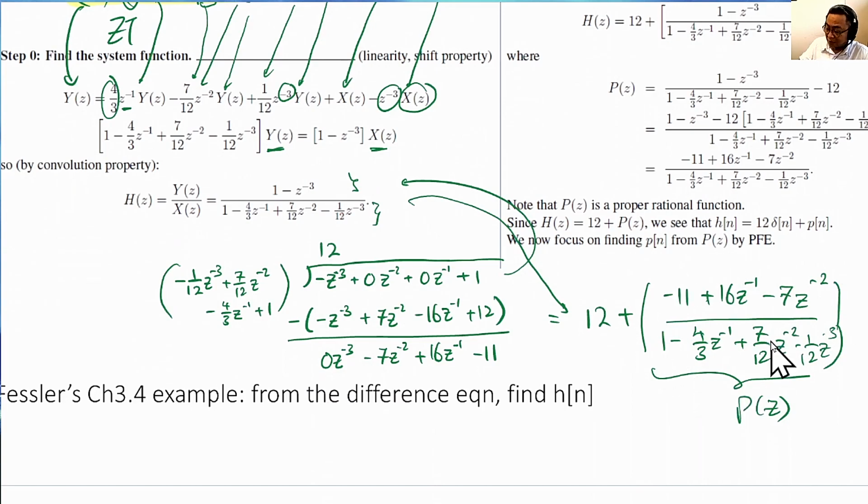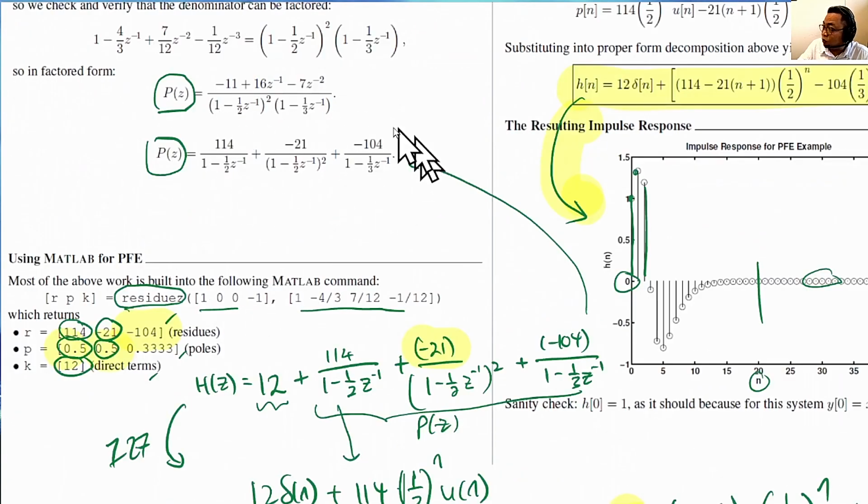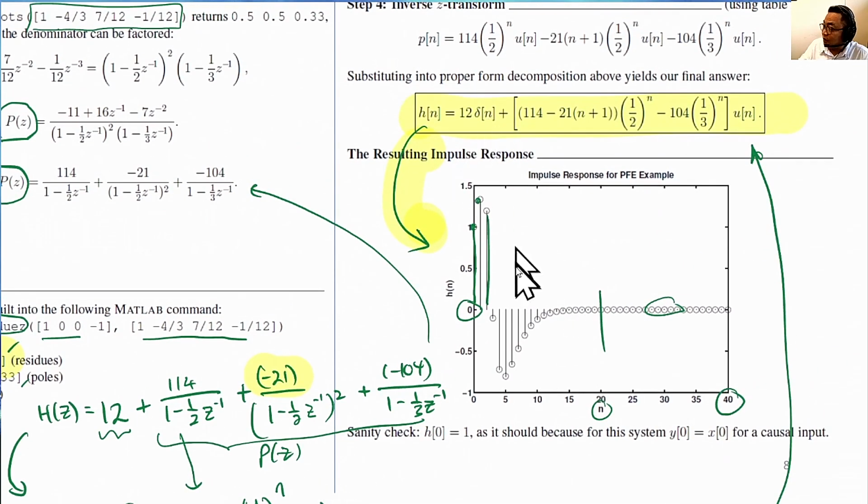We used P of z and performed partial fractions to get it into this form, in which we can use the inverse transform table to do it term by term. Finally, we can get the answer over here of h[n], and then we can plot.